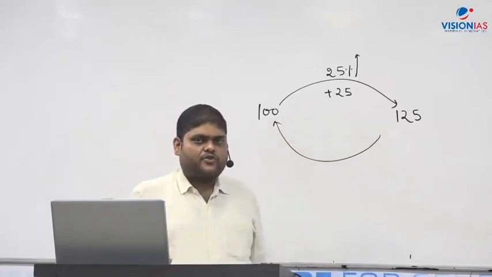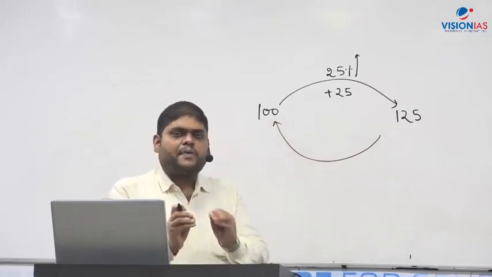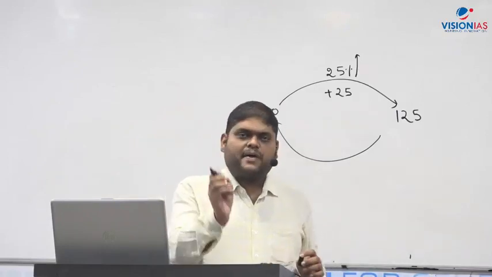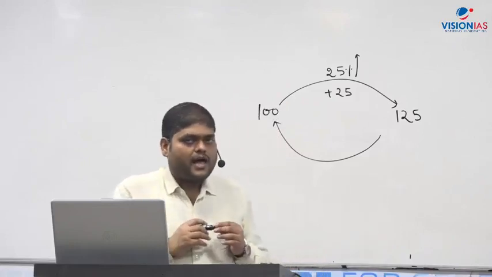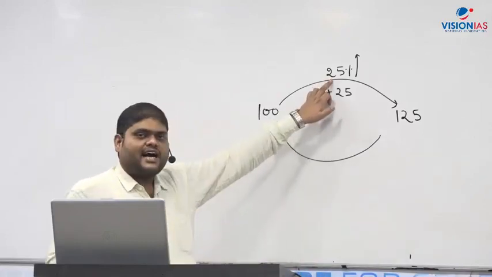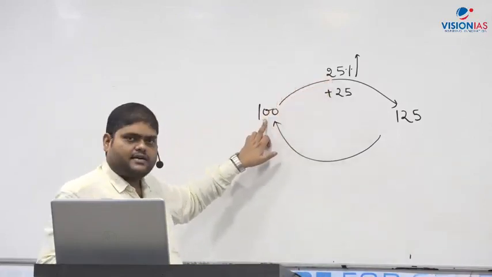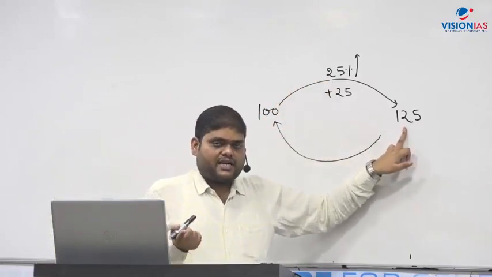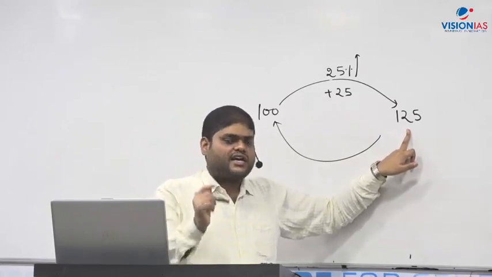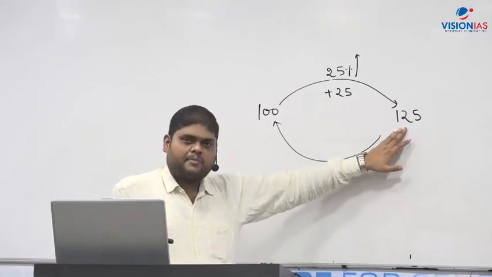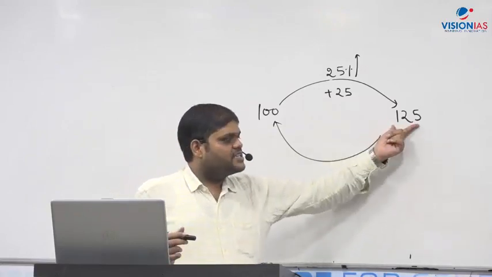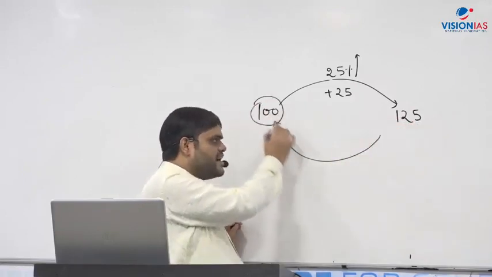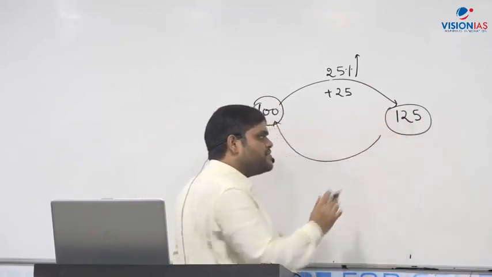See very carefully, the percentage is dependent on the base value. Right now we found 25% of 100. Now the value is 125. But in successive increment or decrement, the next decrement I have to do from 125. Here the base was 100, here the base becomes 125.